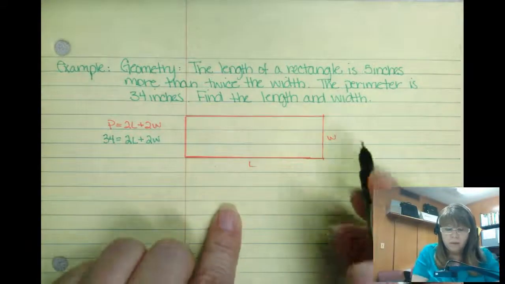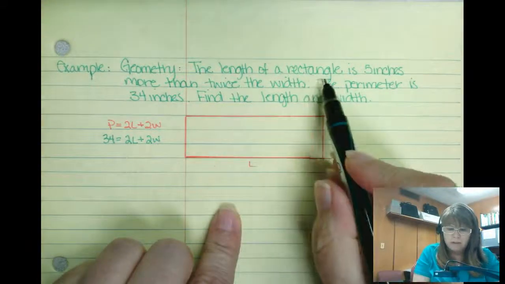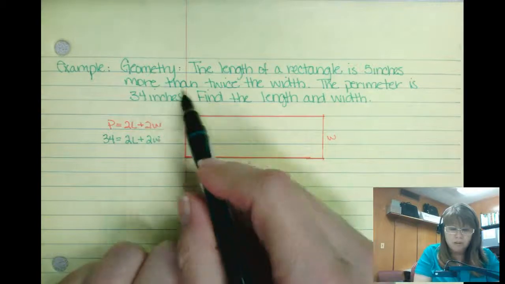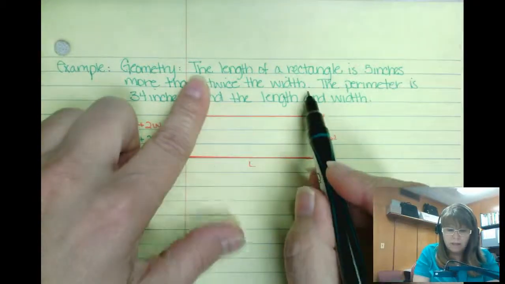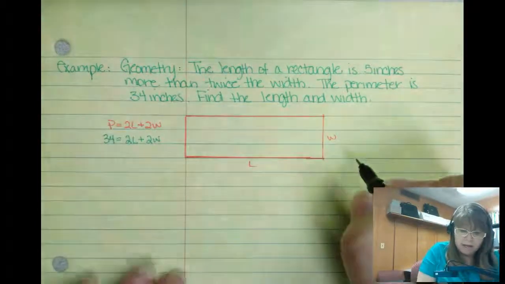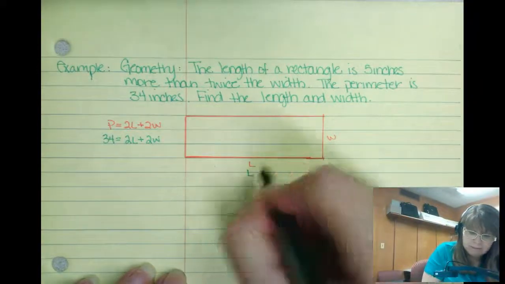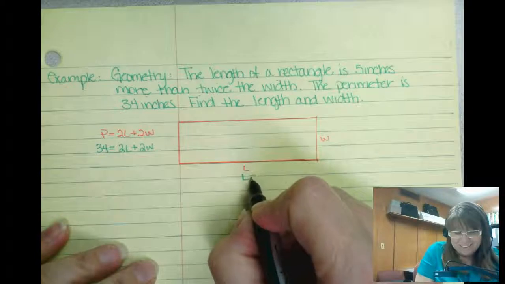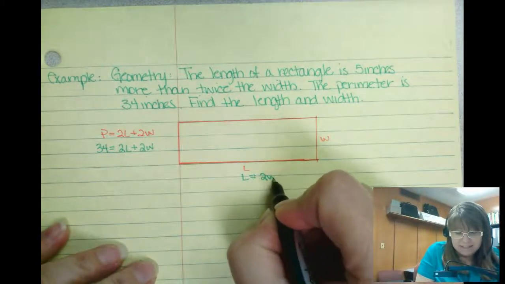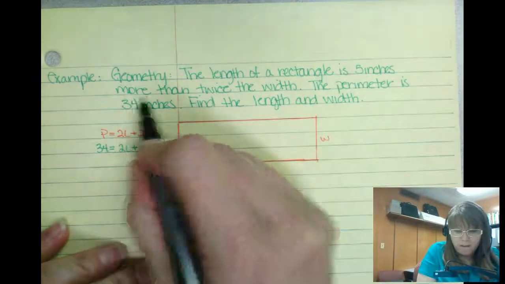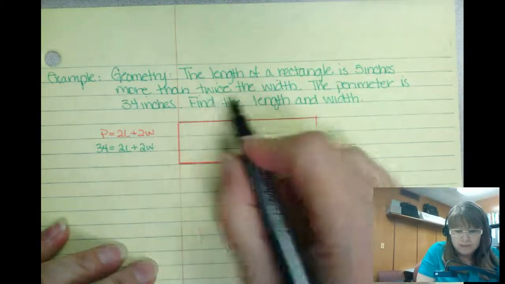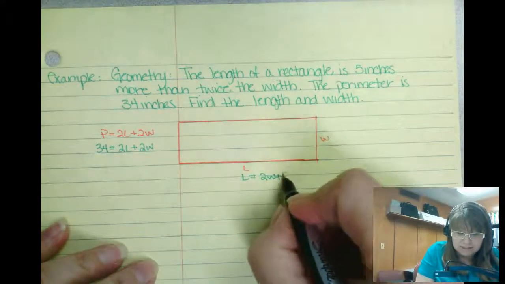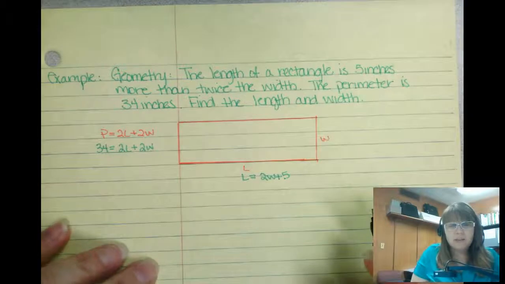I know my length of the rectangle is 5 inches more than twice the width. So my length equals twice the width plus 5. Now I should have everything I need to solve this.